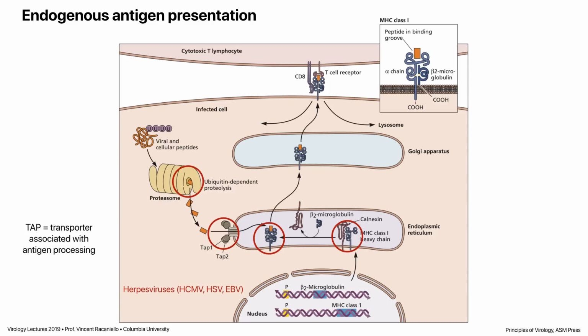So for example, herpes viruses can interfere with the transcription of MHC1 and other proteins that are needed for its display on the cell surface. They can result in the retention of MHC1 in the ER, so it never makes it to the cell surface. They can inhibit the transporter, so the peptides never get loaded. There's another one where some viruses encode proteins that downregulate MHC1 from the cell surface.